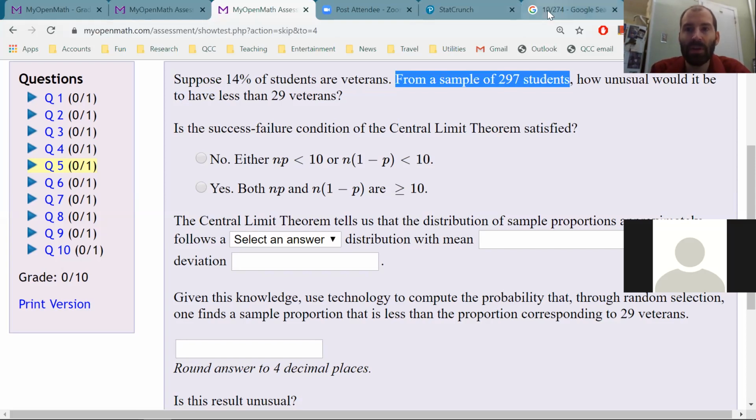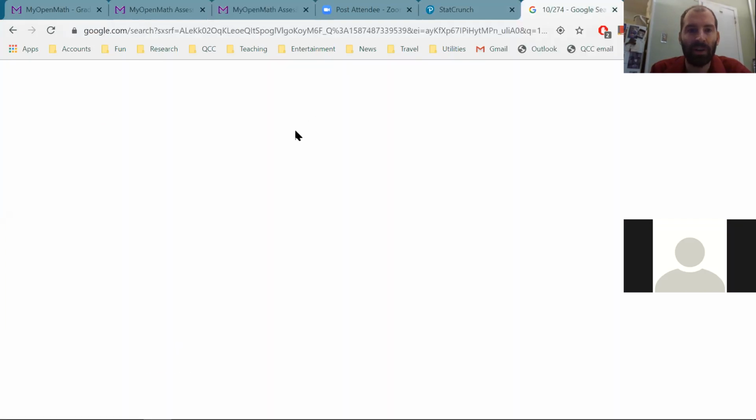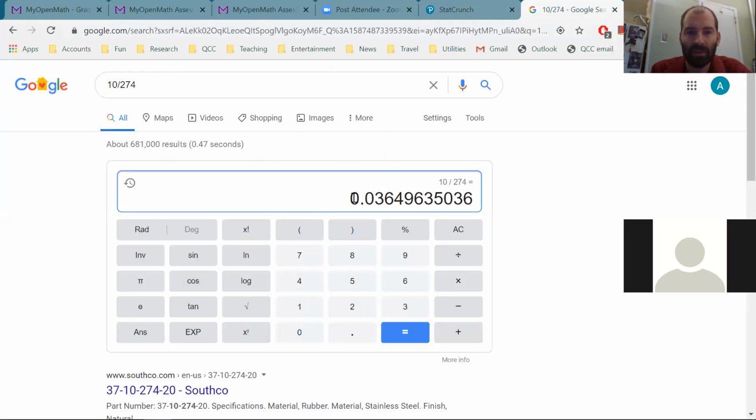Okay, so let me go over to a calculator here. Come on, calculator. There we go. 0.14 times 297. There it is, 41.58. Is that greater than or equal to 10?